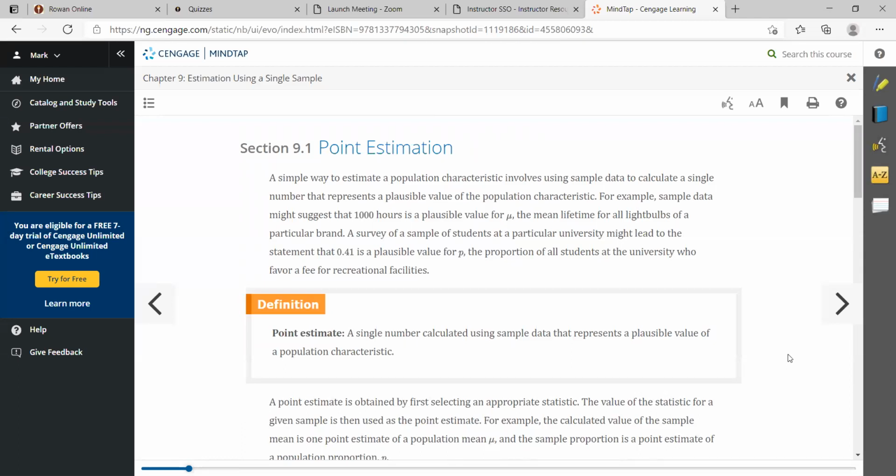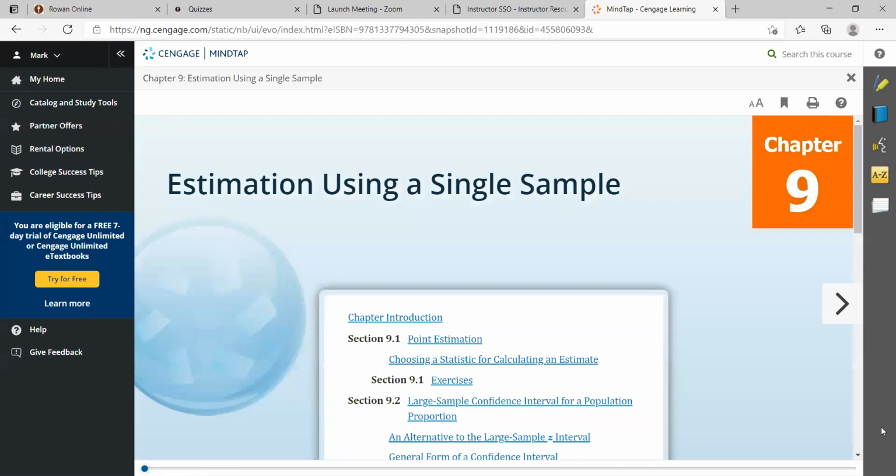That's again called sampling variability. So a better way of estimating the population mean or population proportion is to come up with an interval of values instead of a point estimate. So really, just this one definition here in 9.1 is all we need to understand what we're talking about.